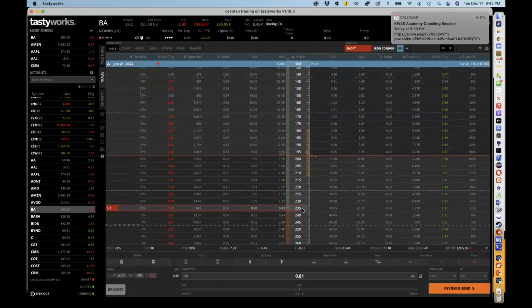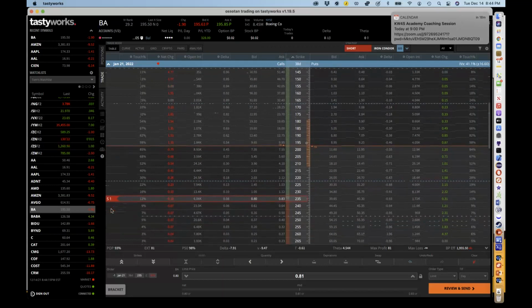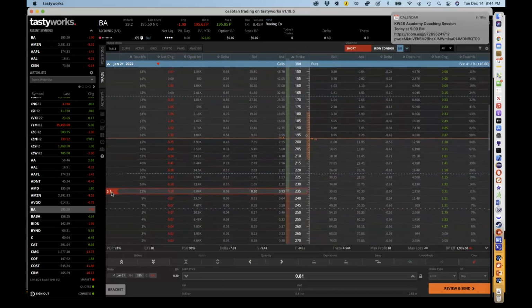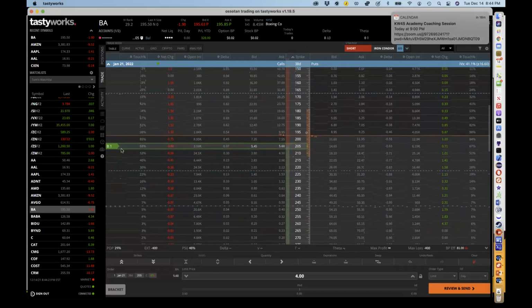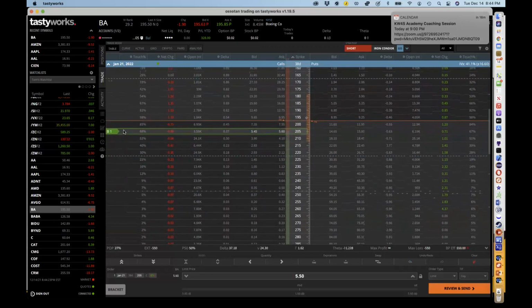If this goes to expiration, you will be assigned. That means you have to buy at this price. That's why selling options requires a large account, and it's a risky strategy. But I tell you why people do it. I sell premium too, but I'll tell you why I'm selling it when we get there.